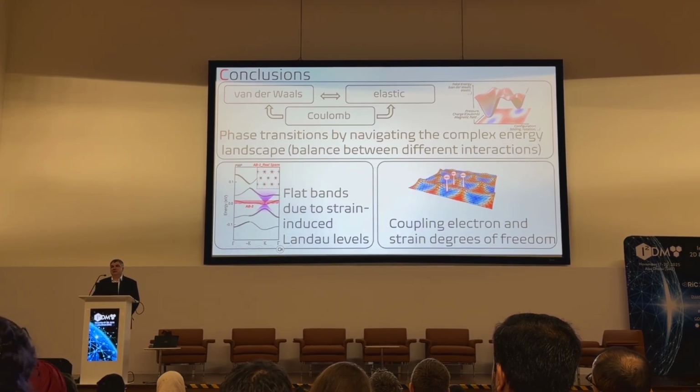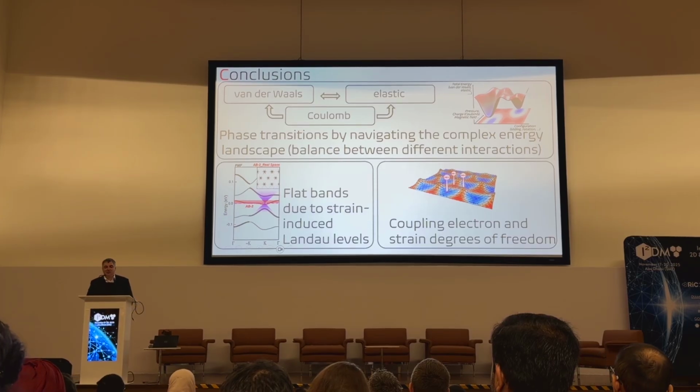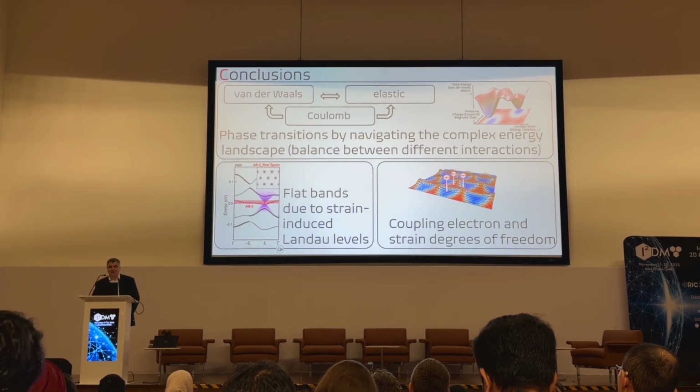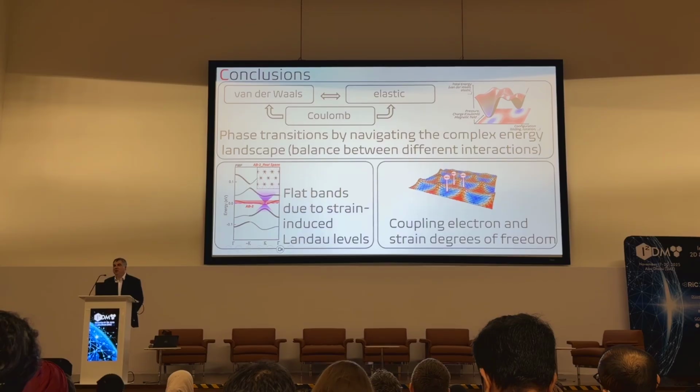Something which we still don't understand well, but hopefully it will be developed further, is that electron interaction can be coupled to the strain degree of freedom, which would be very new and very unique for the van der Waals heterostructure, but also to the magnetic field.